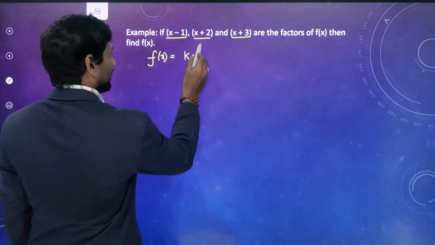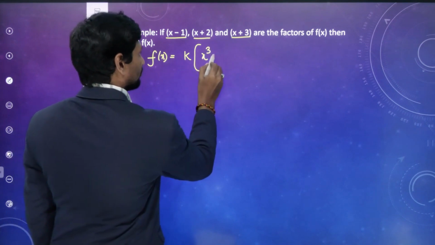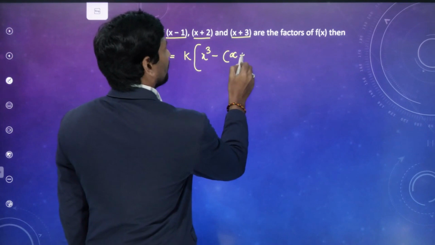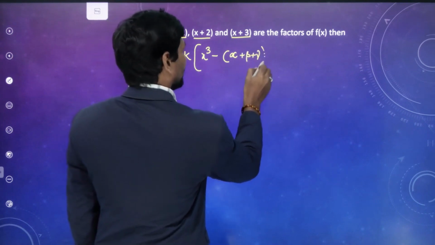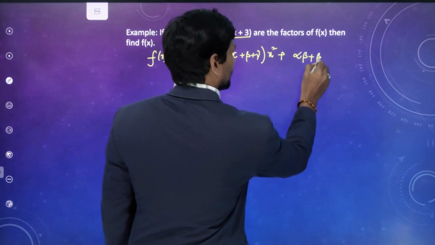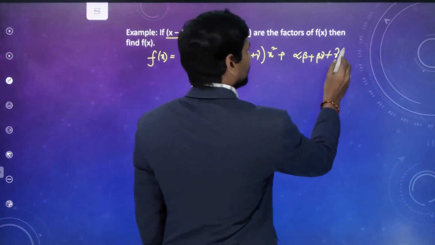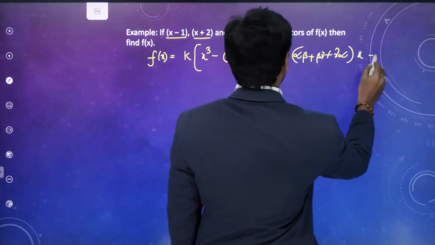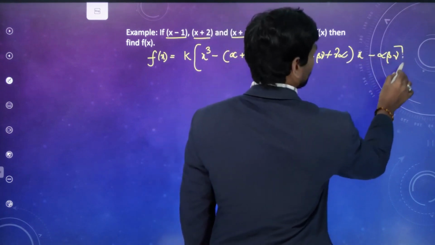That is equal to k into x cube minus (alpha plus beta plus gamma) into x square plus (alpha beta plus beta gamma plus gamma alpha) into x minus alpha beta gamma.